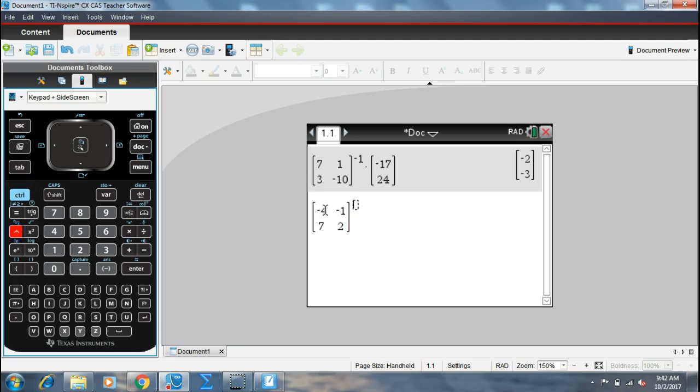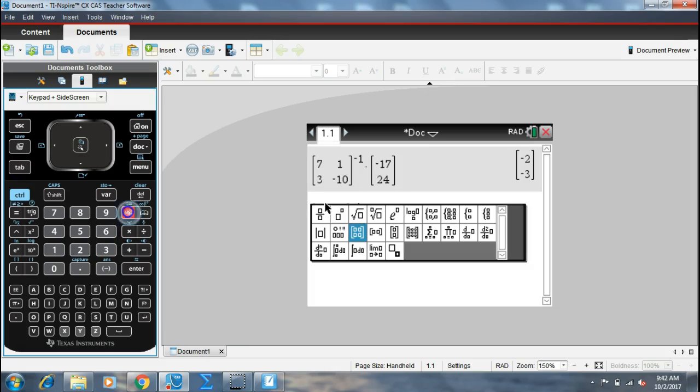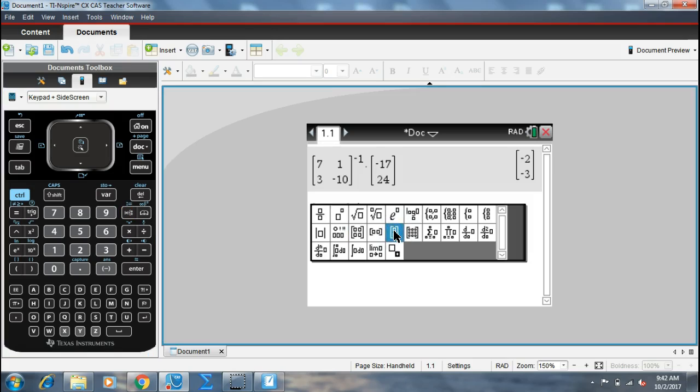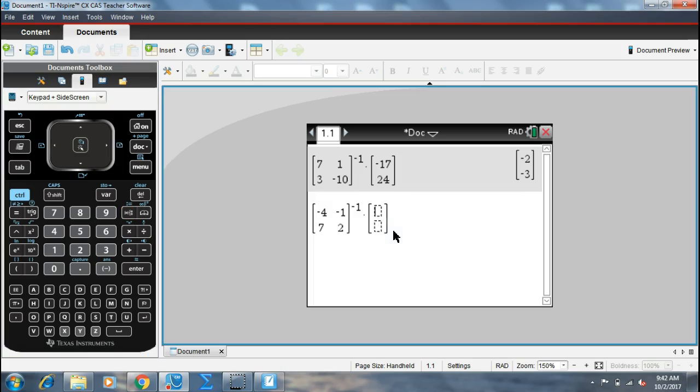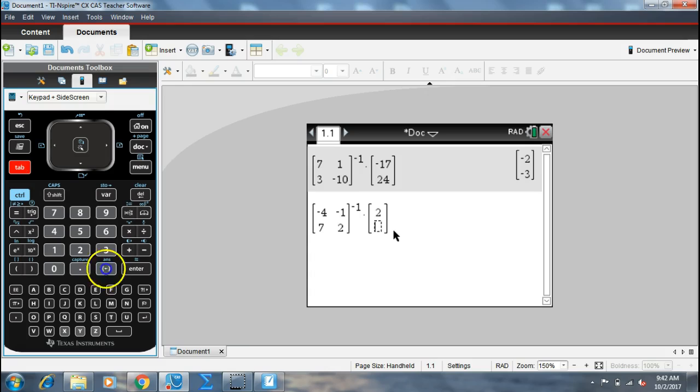I'm going to raise that to the negative 1 power, and then multiply that by a 2 by 1 of 2 and negative 5. And there it is.